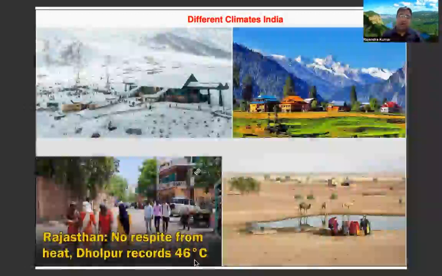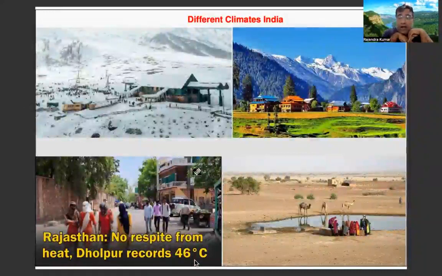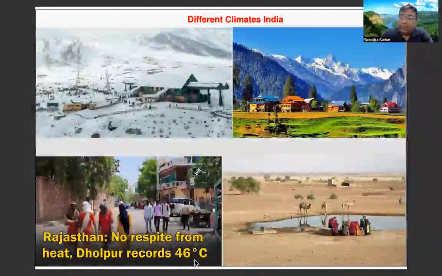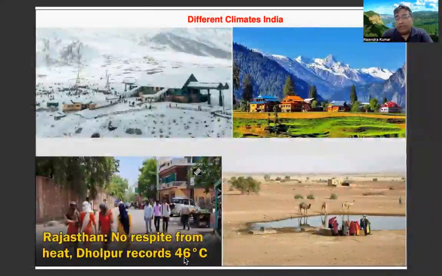So we are at the end of April month. We are at the end of May month, and right now the temperature is 41, 42 degrees centigrade, and this temperature will go on till 48 or 50. At this time, the temperature in the Rajasthan region, which is closer to the Pakistan border, is 46 degrees centigrade at the moment.